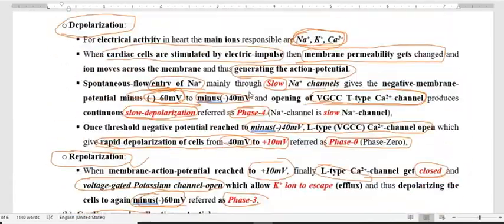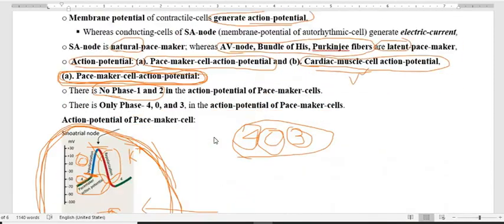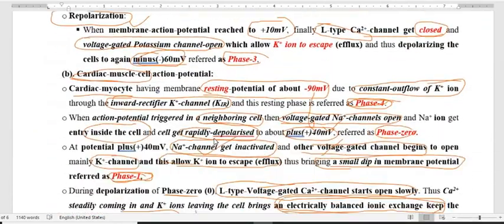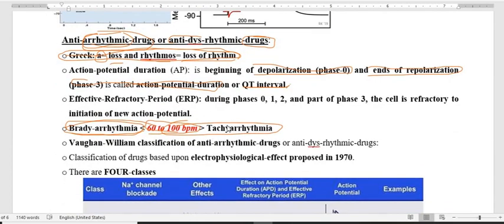From this Q, the beginning of the depolarization, to the ending of the repolarization, is called the action potential, or the QT interval.